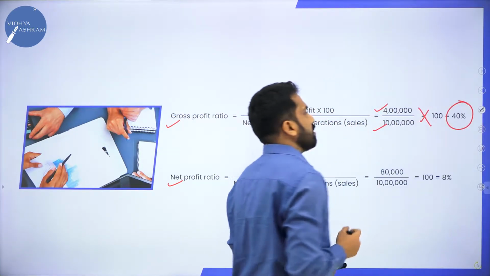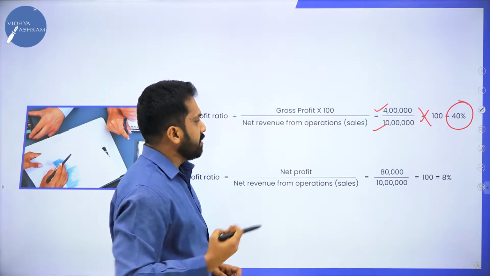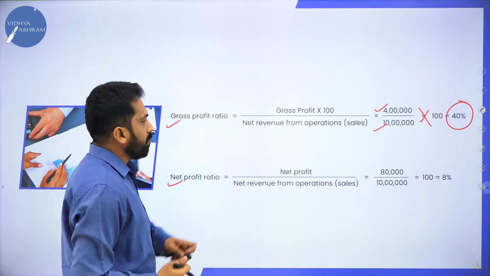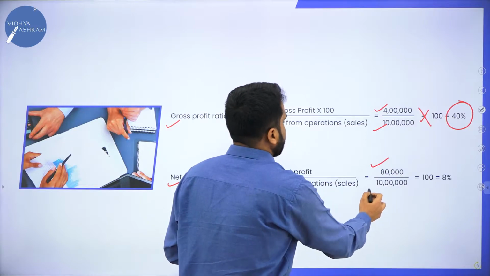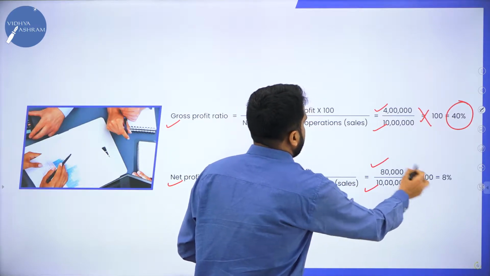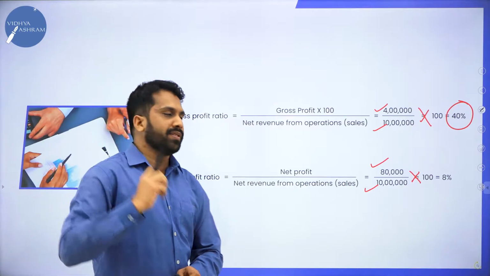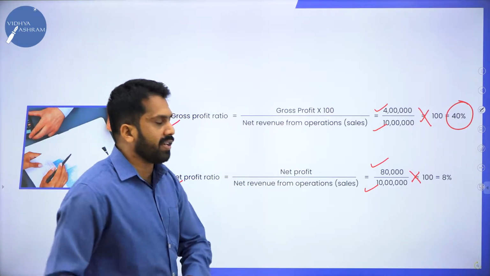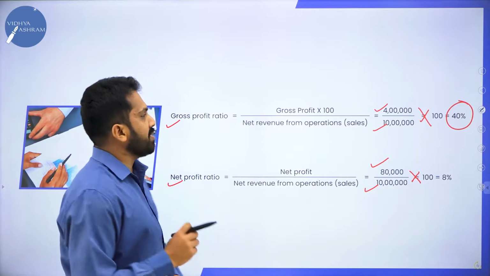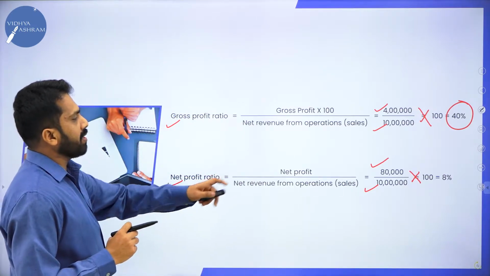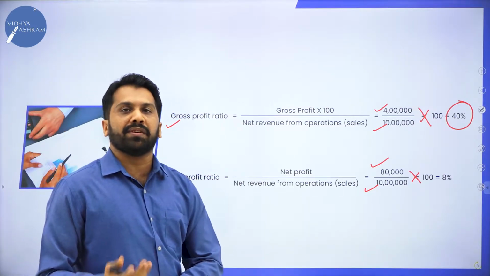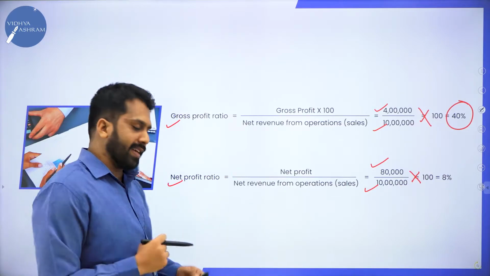Your answer is 40%. Similarly, your net profit is 80,000 and 10 lakh. If you multiply with 100, your answer is 8%. This is all about your gross profit ratio as well as net profit ratio. Simple. Clear? We'll go for the next one.